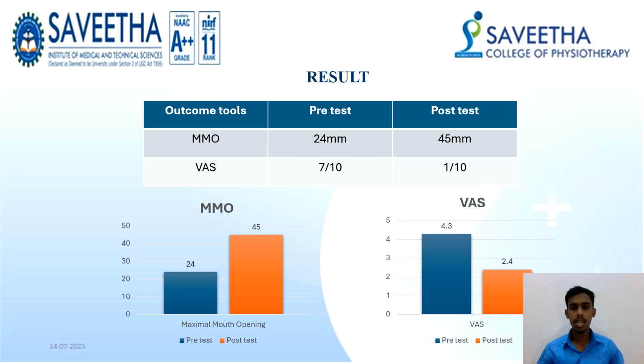And visual analog scale, before starting the intervention, that is in the first week, it was 7 out of 10. And after 8 weeks of continuous intervention of grade 4 distraction mobilization, the pain level almost reduced to 1 out of 10 on the visual analog scale. Both these graphs depict the progress after 8 weeks of continuous physiotherapy intervention.